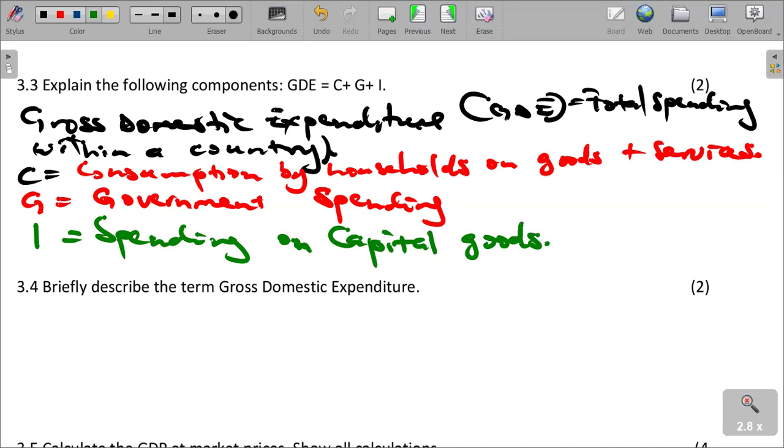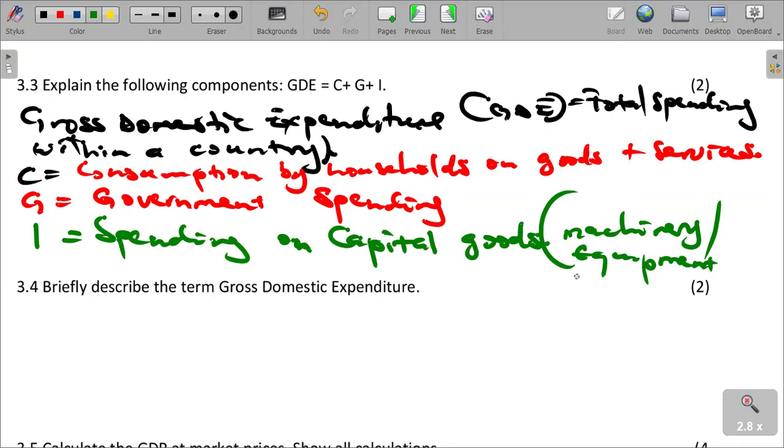I want you to note that we are talking about machinery and equipment, and buildings also.